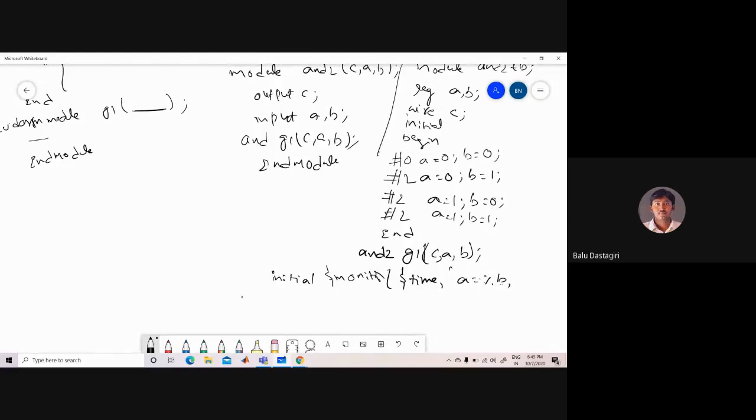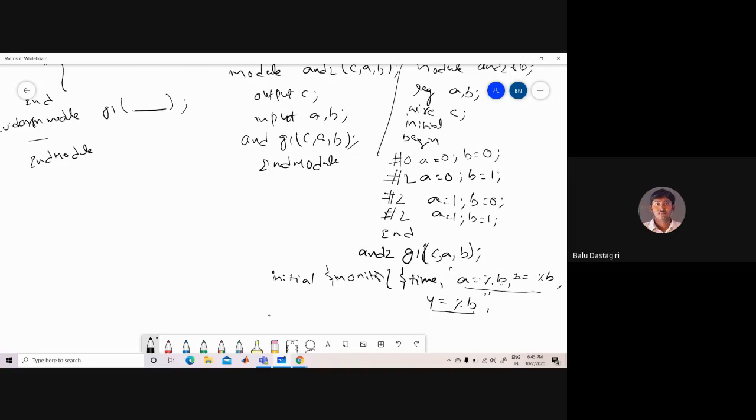Since the A value is binary, I want to plot it as A is equal to percentile B. Similarly B is equal to percentile B, and for the output, y is equal to percentile B. These values will be plotted. Whatever we give in the double inverted commas, the same thing with the respective value will be plotted.